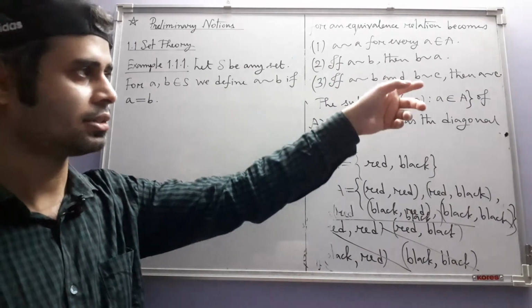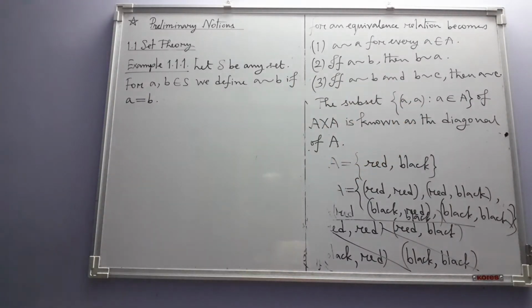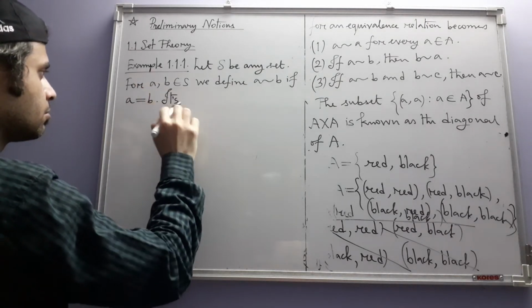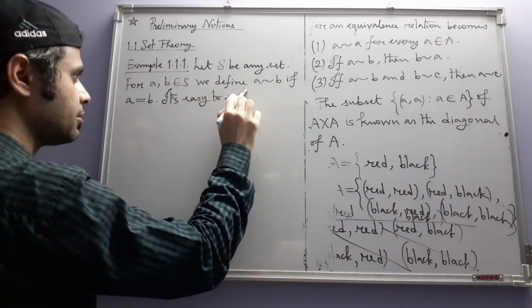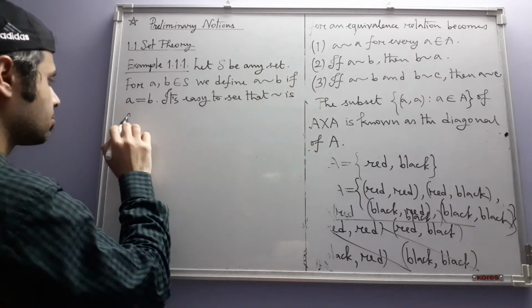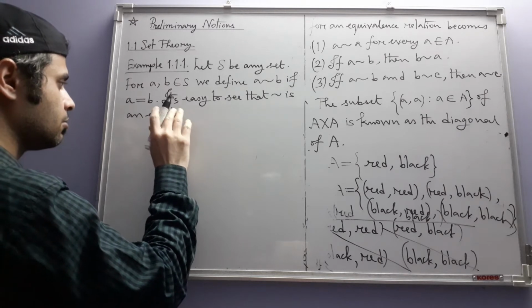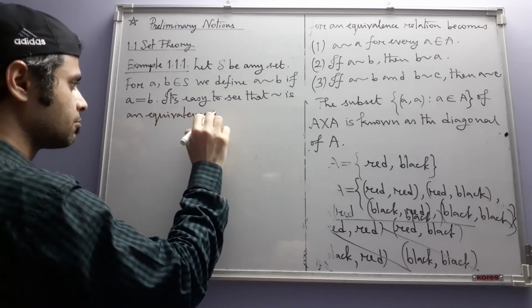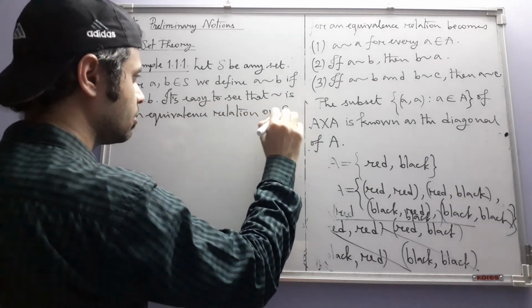If A and B are same and B and C are same, then A and C also have to be same. It's easy to see that this is an equivalence relation on S.